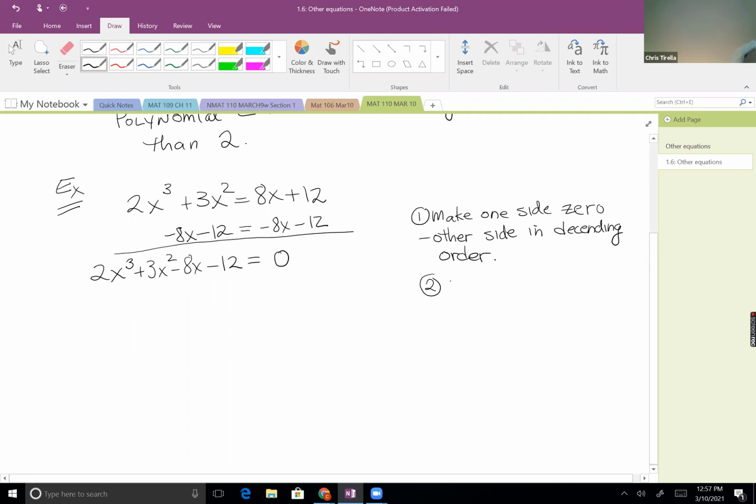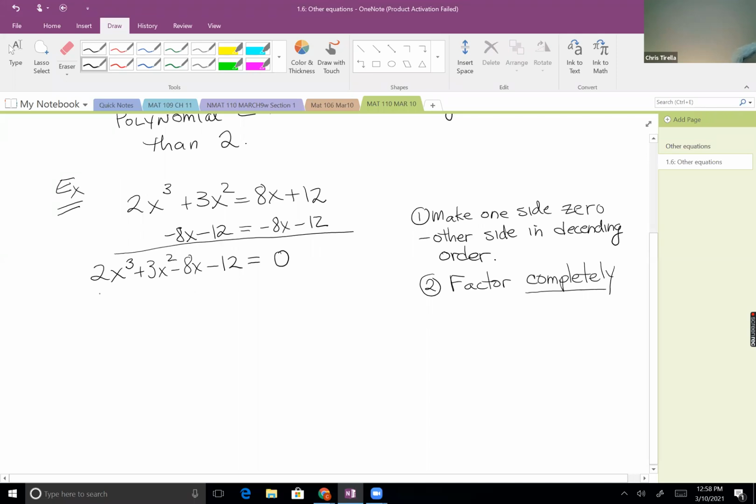So what we want to do now is factor what's left completely. That magic word, factor completely, means there's a chance that we might have to factor more than once. So don't think just because you factored the original problem, you're done. When I see those words factored completely, the first thing I look for is a common term.